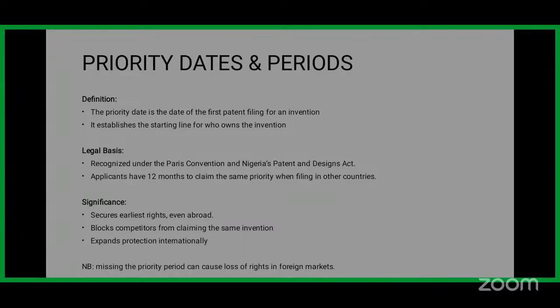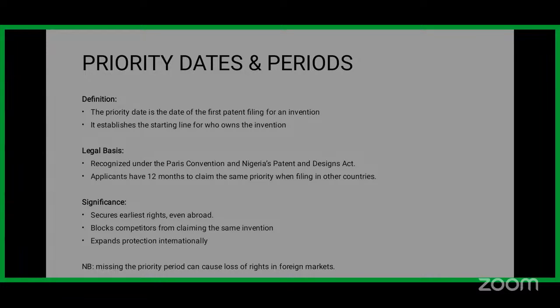If you want to file in that particular country, you can claim a priority date. That's the date you filed in the other country. So priority dates allow you to claim the date of the first patent filing for an invention. Then it also establishes the starting line for who owns the invention.